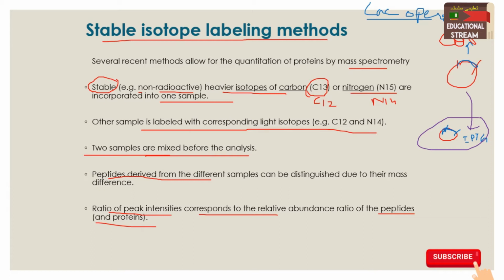So now if we provide the bacteria with media containing the heavy isotope of carbon or the heavy isotope of nitrogen, then the protein formed from this vector will contain amino acids which have incorporated C13 and N15. So the protein that we get will contain the heavier isotope instead of the lighter isotope, because we have provided it in the media.